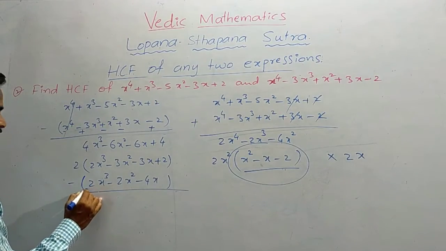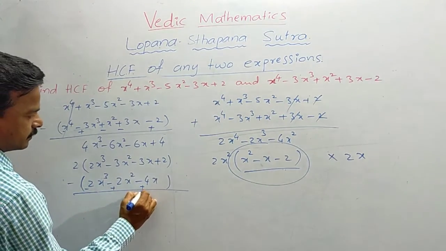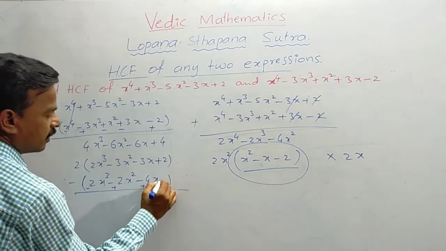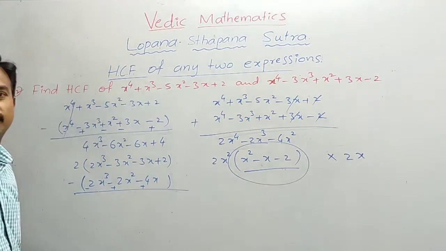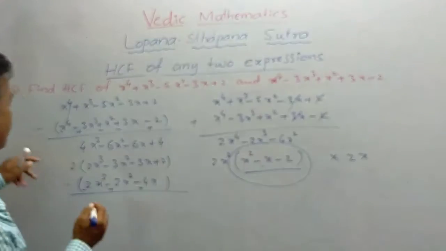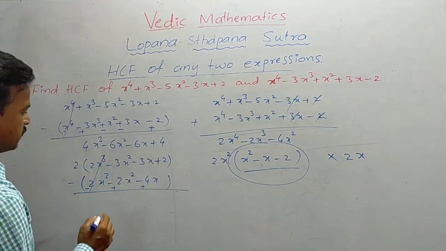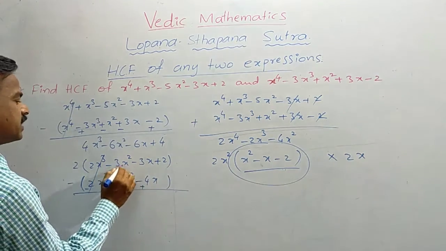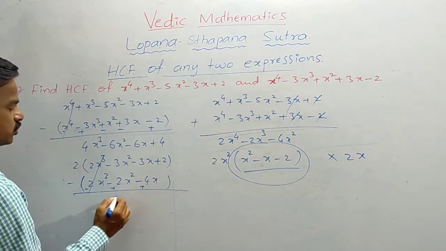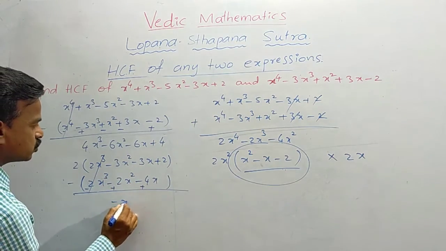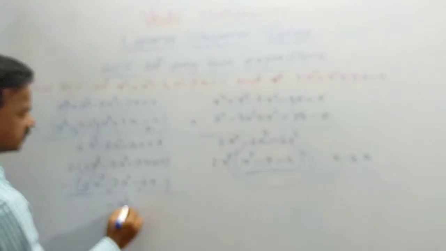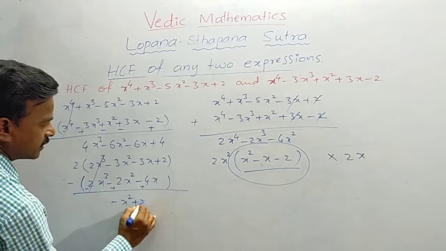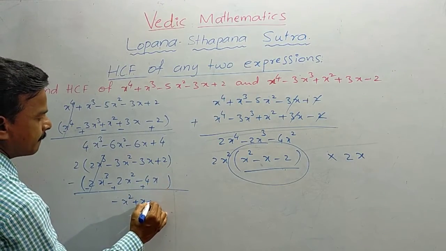In subtraction, symbols will change. Constant is not there, so here we can keep plus 0 or minus 0, no problem. These cancel, and this one minus 3x square, here plus 2x square, so minus x square, and this one minus 3x square plus 4x plus x, and here plus 2.